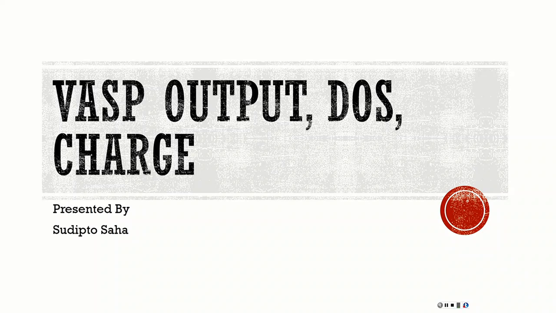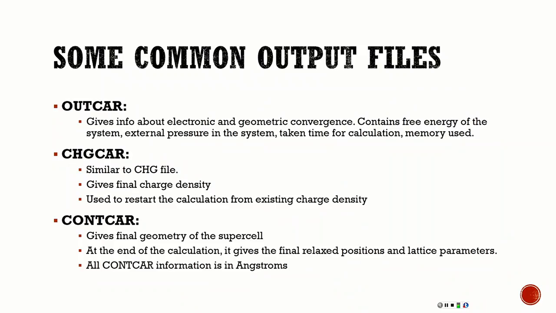Hi everyone. So for today's presentation, I will basically focus on the VASP output files, and then I will discuss a little bit about how to calculate the density of state and the charge density file. Usually for a simulation we need 4 different input files that have just been described, and after any calculation it produces several output files.